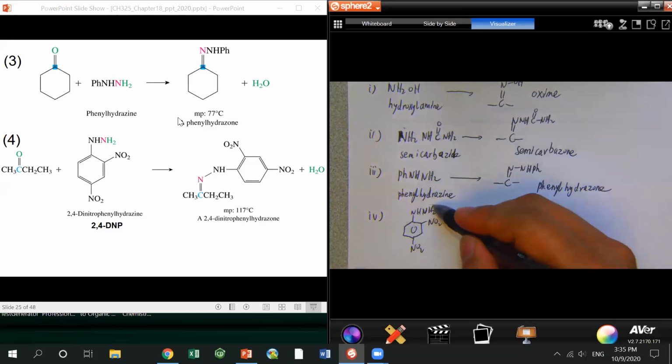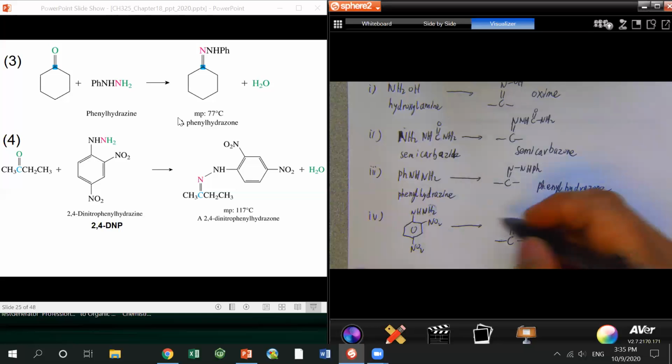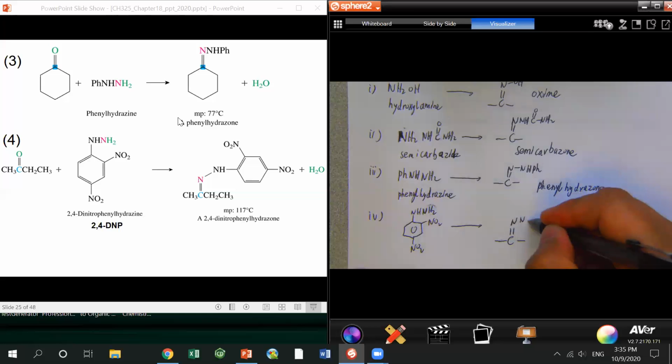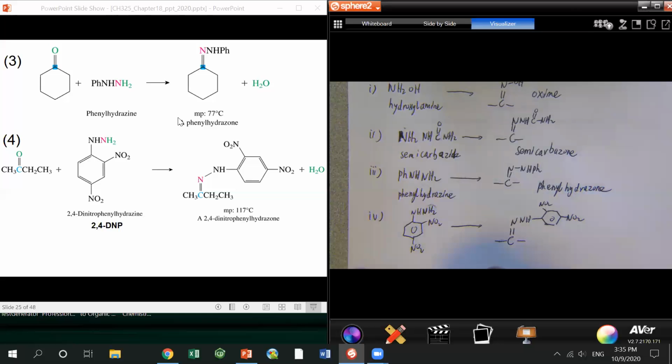The only thing is that this NH2 is where the reaction happens, and once the reaction is done you build up a C=N double bond, and whatever is attached to this nitrogen is still here. The abbreviation for this reagent is 2,4-DNP, and the product is called 2,4-dinitrophenylhydrazone.